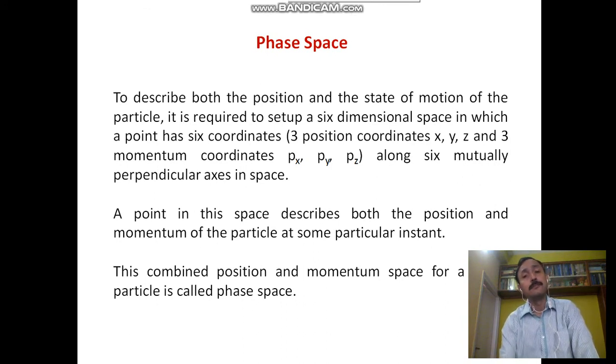A point in this space describes both the position and momentum of the particle at some particular instant. This combined position and momentum space for a single particle is called phase space. So it is a 6-dimensional space.